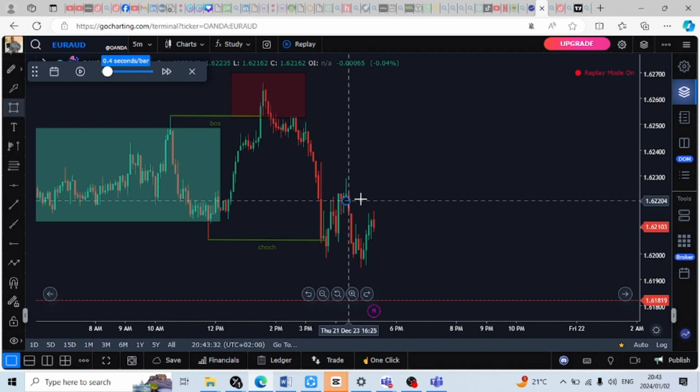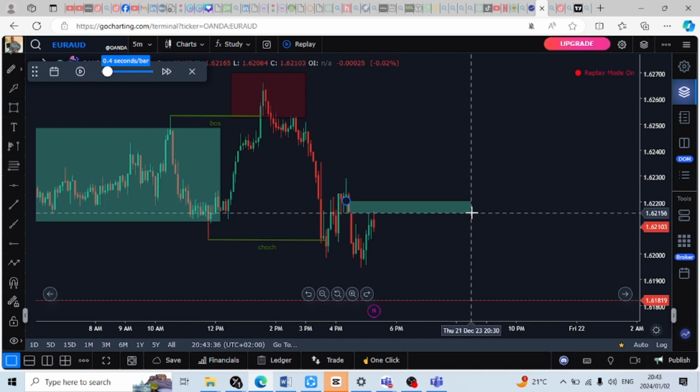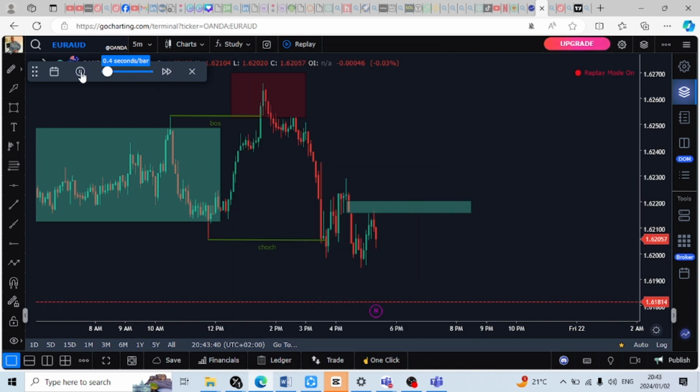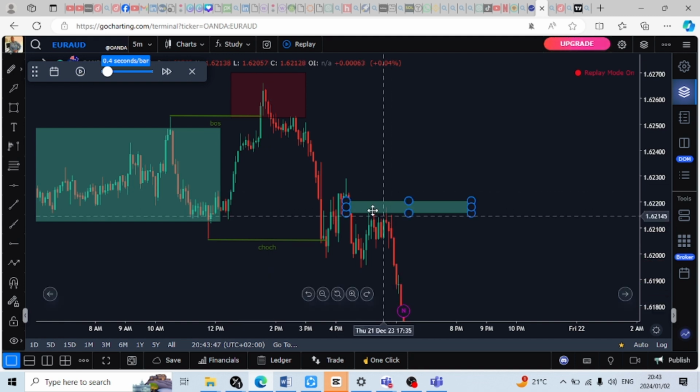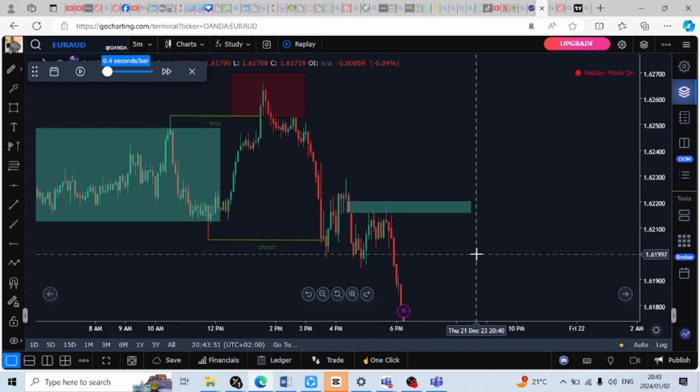I now know that you guys know what a fair value gap is. Let's see if price was going to use that one for entry, and that fair value gap was our entry signal. So we're going to enter using this fair value gap.